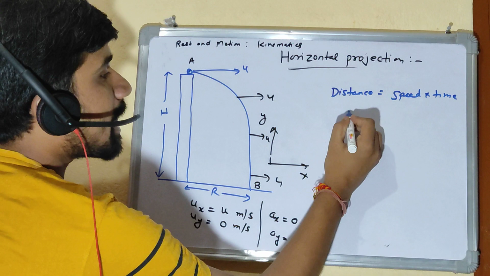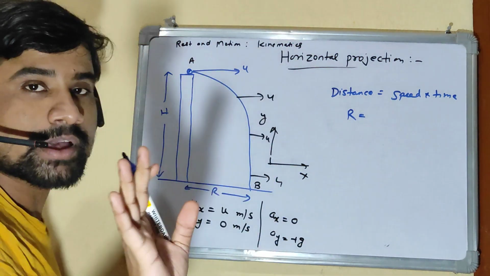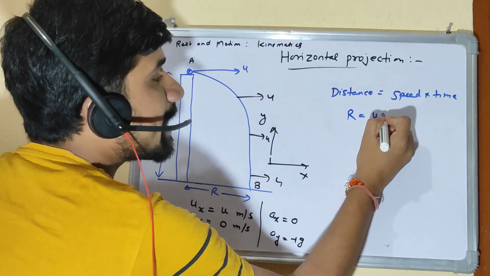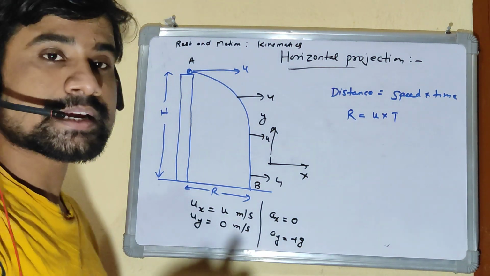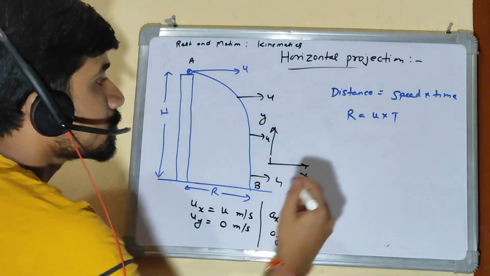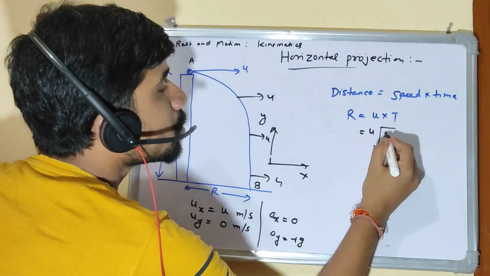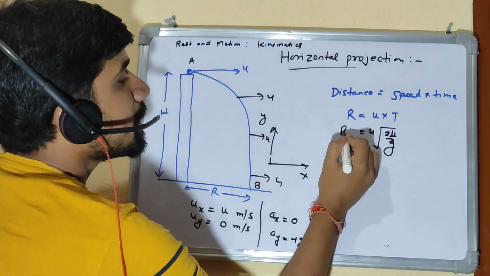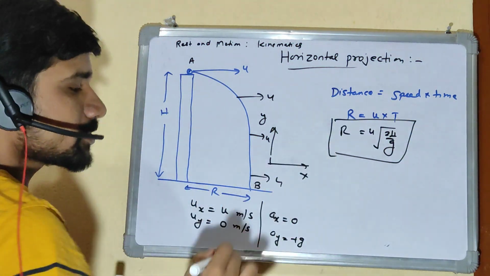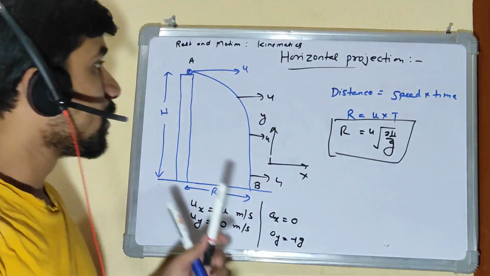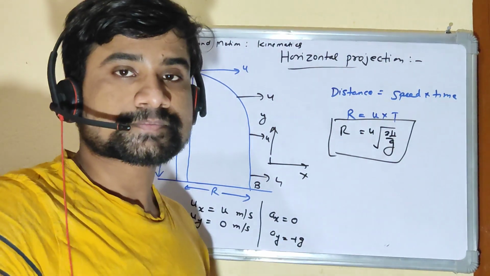So distance is nothing but r. Speed along x is always constant, which is u, and time is my time of flight. So this becomes u under root 2h by g, which is my range. So this is the expression for range for my horizontal projection, right?